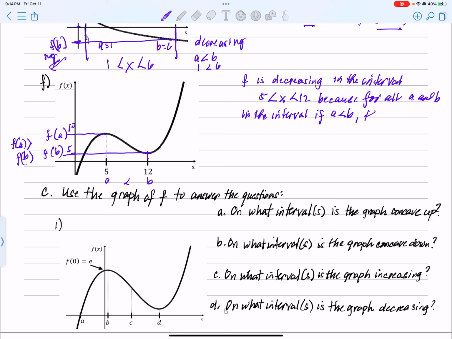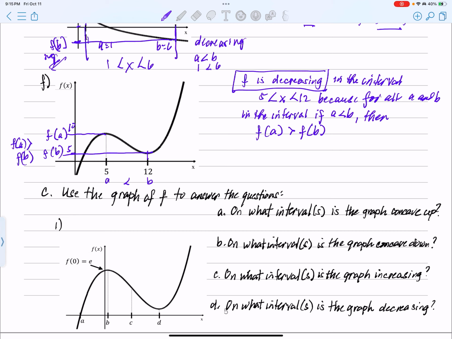Then you have to say about the function this time: function of A is greater than the function of B. So A is less than B in the interval, but the function is greater. That means the function is decreasing. Okay? I hope everything is clear.